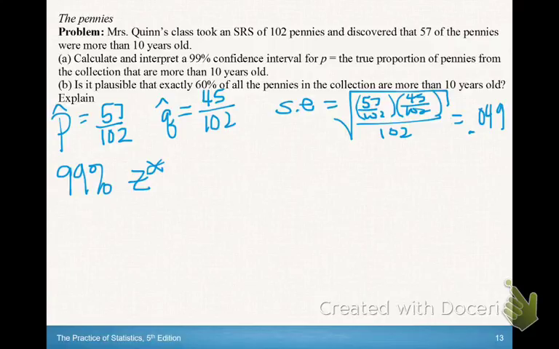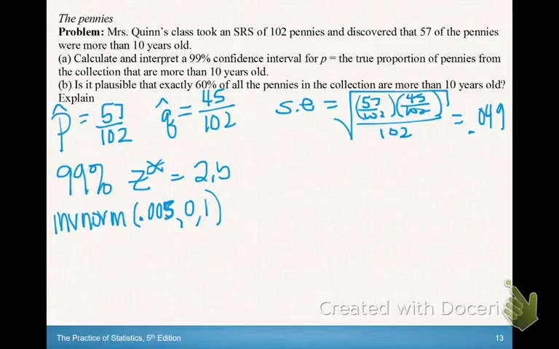The other thing we could do is inverse normal on our calculator, and we should write that on our paper. The area we're looking for is 0.005. Our mu is 0, and our standard deviation is 1. So that gives us a critical value of 2.576. I used my calculator to find that.